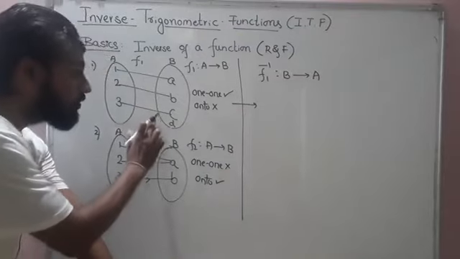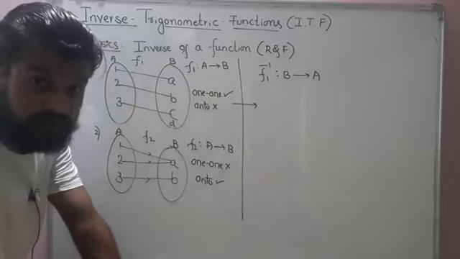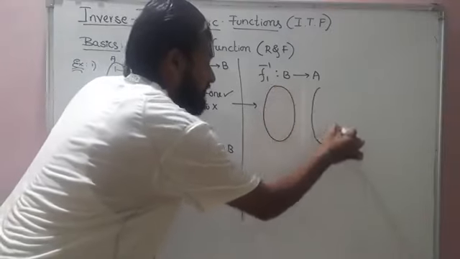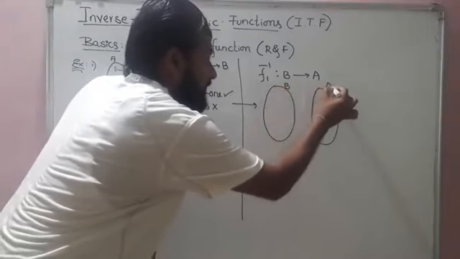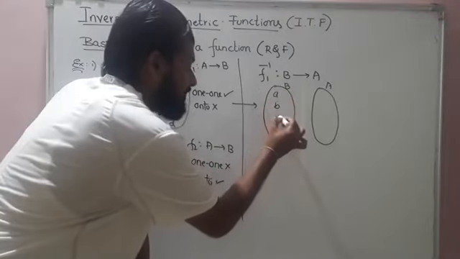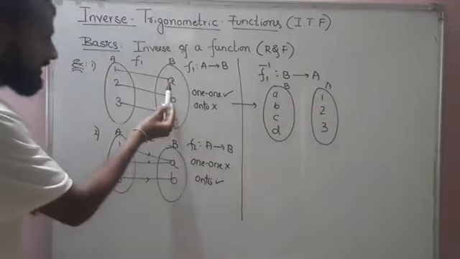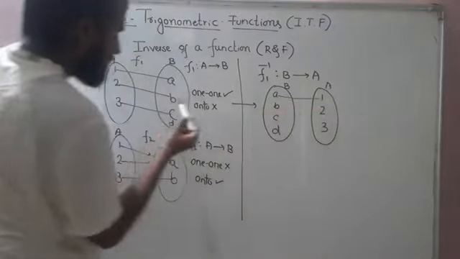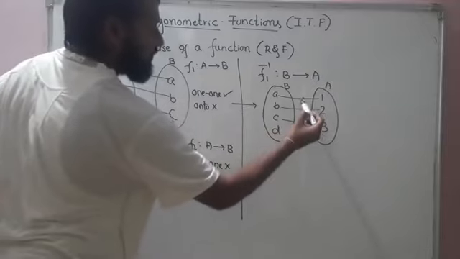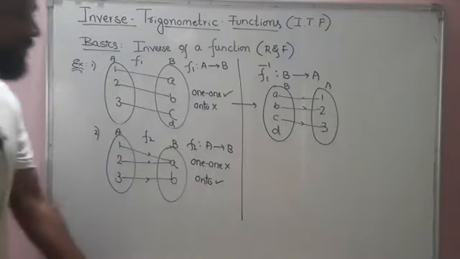So if I try to find the inverse of this function f1, I have to reverse the things. This is my B and this is my A, and this will be f1 inverse. Here I'll be having A, B, C, D, and here I'll be having 1, 2, 3. See the connection: A is connected to 1, B is connected to 2, and C is connected to 3. This is our inverse of a function. We write like this, but there is a problem now.